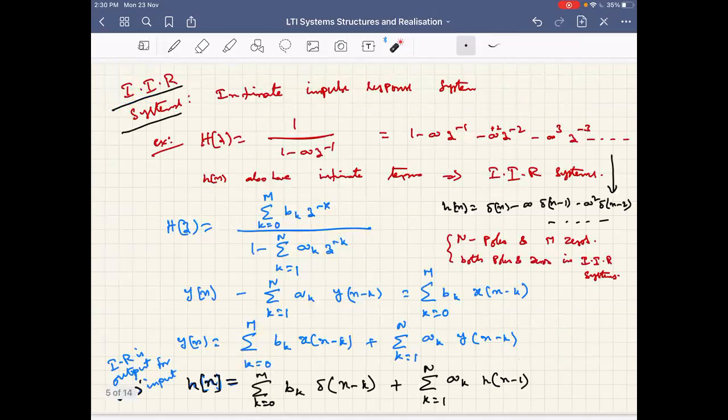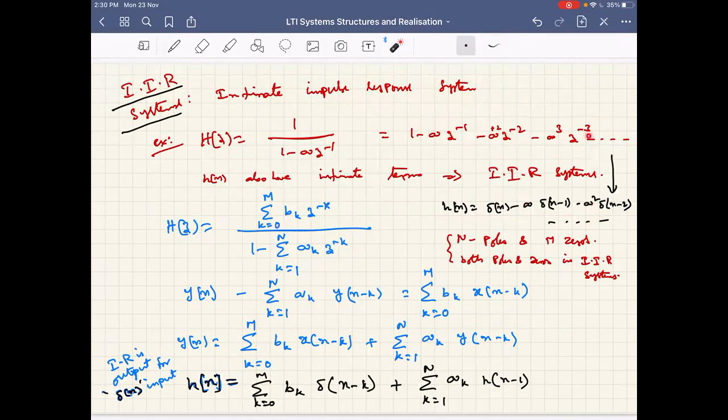Now let us review a few examples. For IIR systems, infinite impulse response systems, as the name indicates, the impulse response goes up to infinity, that is, there is a non-finite number of terms in the impulse response of the system. A typical example is 1 by 1 minus a z inverse. You can see there are infinite terms in it, and the corresponding impulse response has infinite terms.